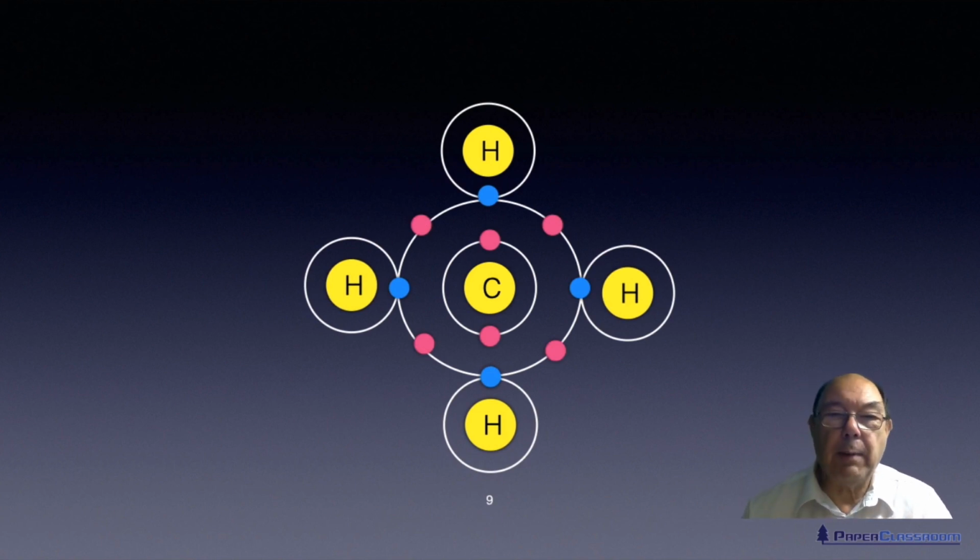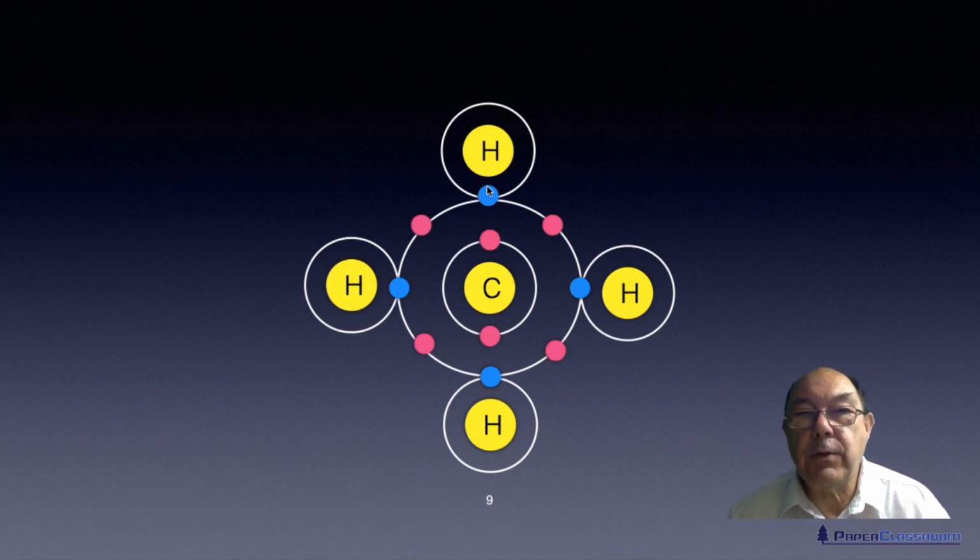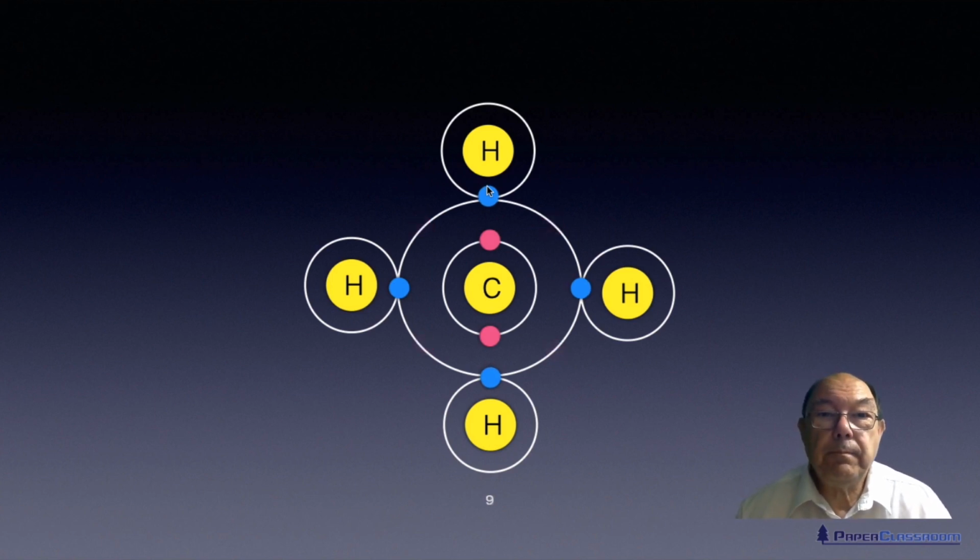And now if you look what's happened, this hydrogen atom is sharing its electron in the carbon orbital here. Similar for here, and for here, and for here. So carbon now has the 8 electrons that it needs. But hydrogen doesn't have any at that point.